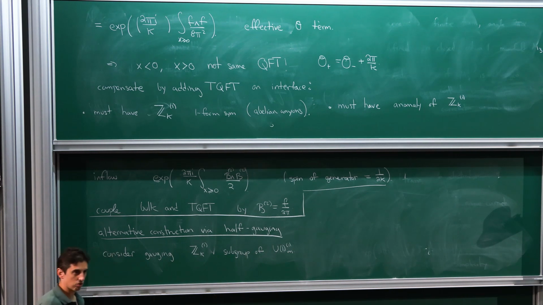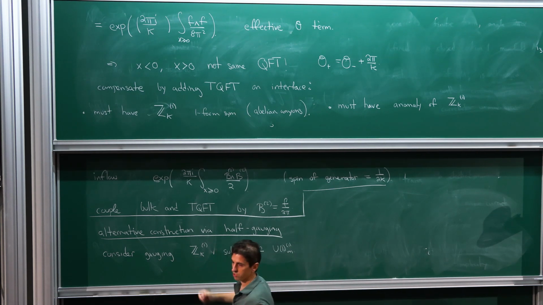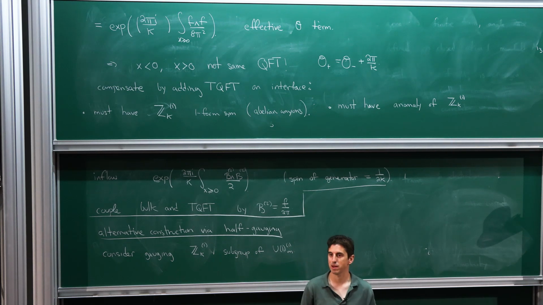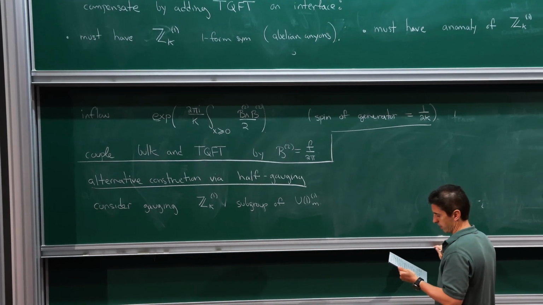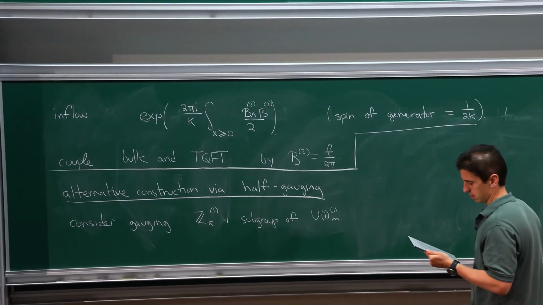So we're going to do a discrete gauging. By that I mean I'm going to take my theory with this ABJ anomalous J, and I'm going to sum over some Z_K gauge fields. And I'm going to see what happens. Okay? So we have to define this.